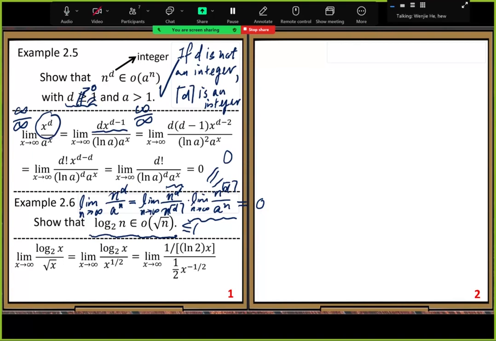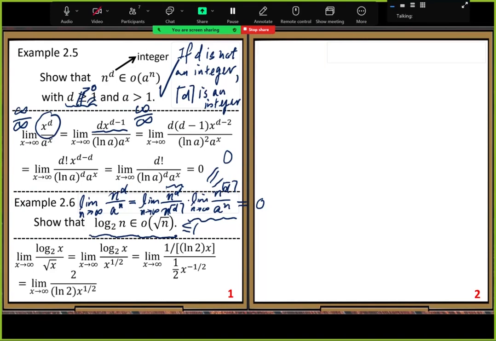For the numerator, the formula of the derivative of the log function, log base 2, gives 1 over the natural log of 2, which is a positive number, times x. Then let's simplify the representation.